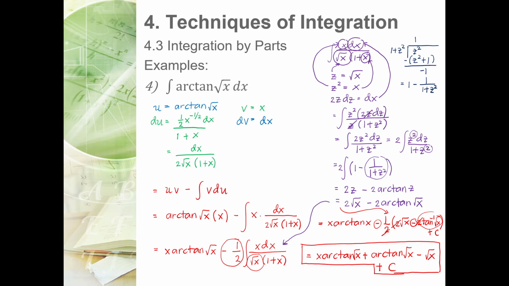So notice that in this particular example, we have gone through many techniques in this equation. Using integration by parts, then we have also used algebraic substitution.